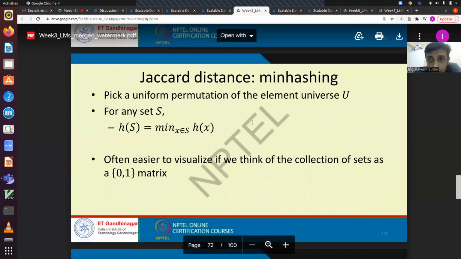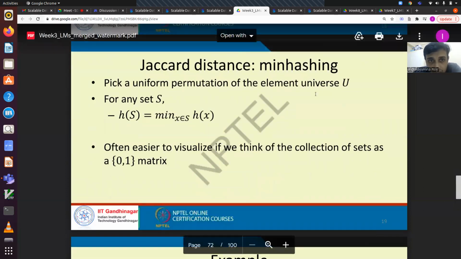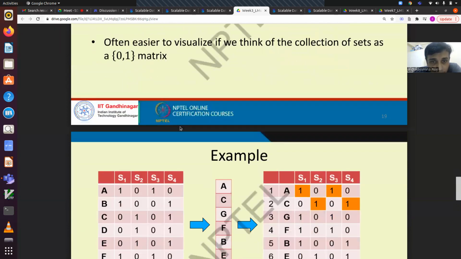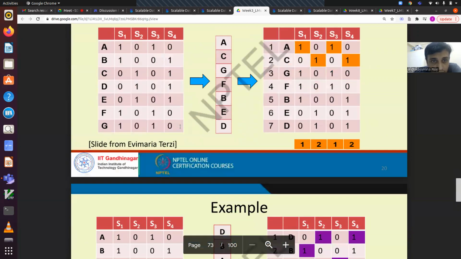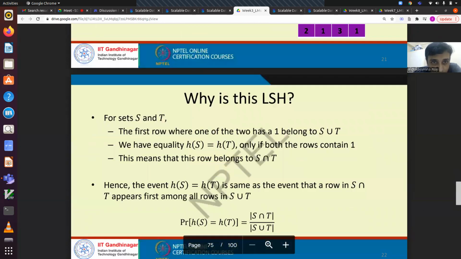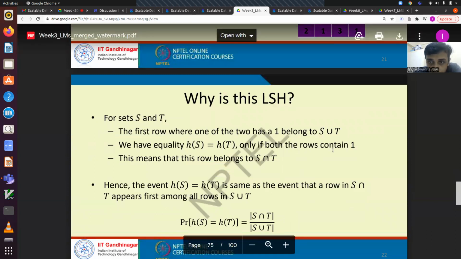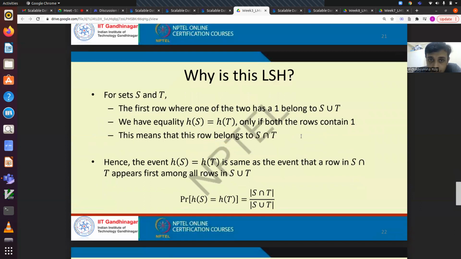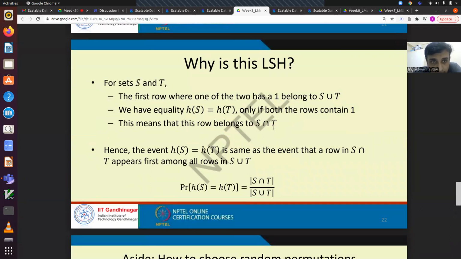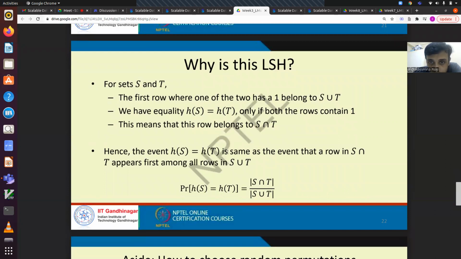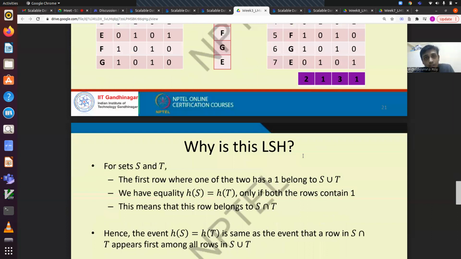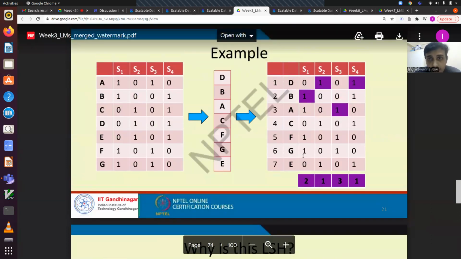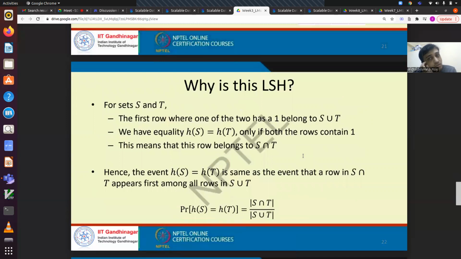Min hashing. So we are picking a permutation of the set, and we are taking the first row where the two sets have a 1. We have equality if both rows contain ones, which means that this row belongs to S intersection T. So what do we do in min hash?